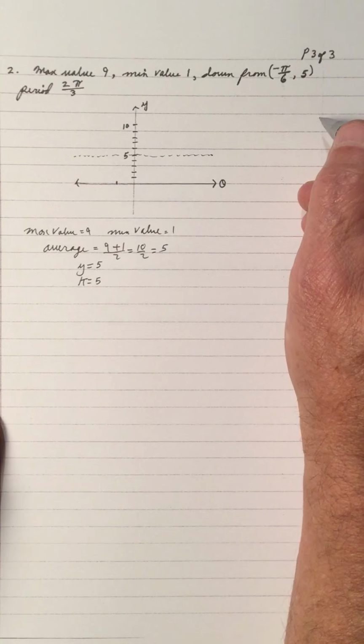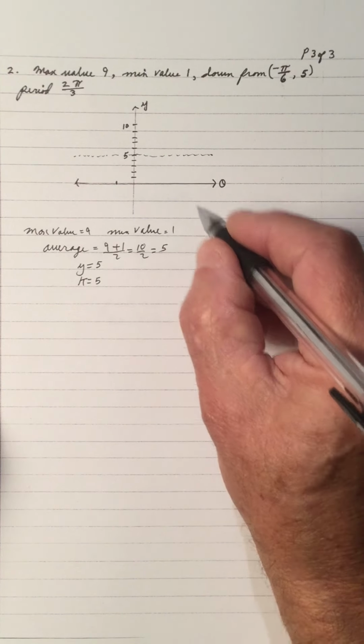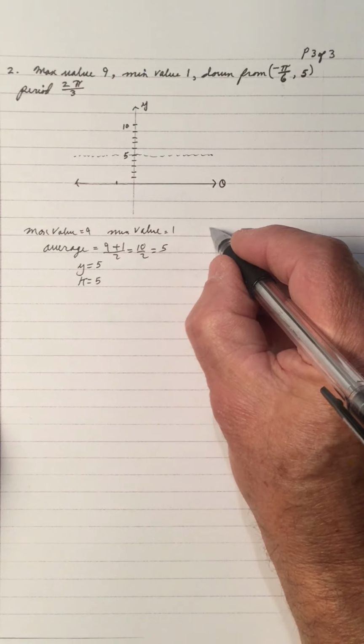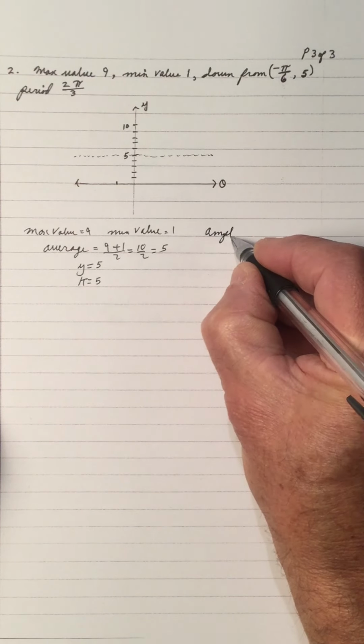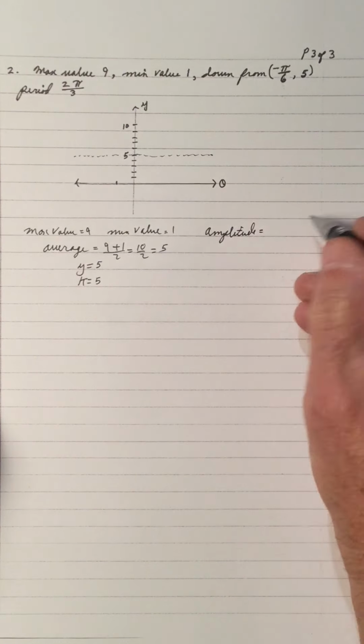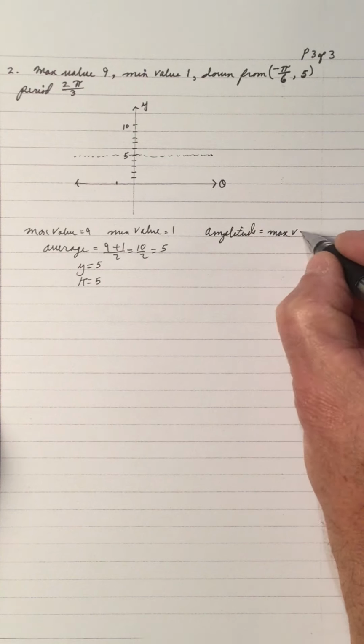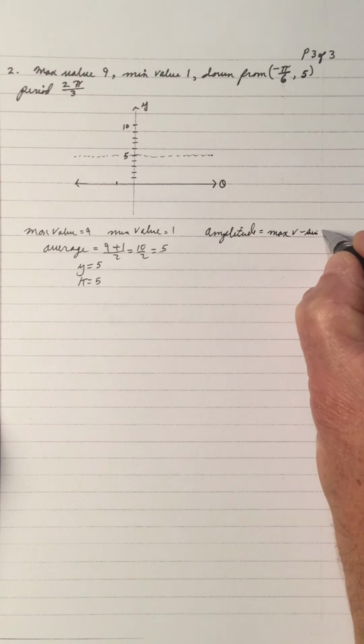Now, based on that, let's pick up the amplitude. So if the maximum value is 9, the amplitude is the maximum value minus the sinusoidal axis.